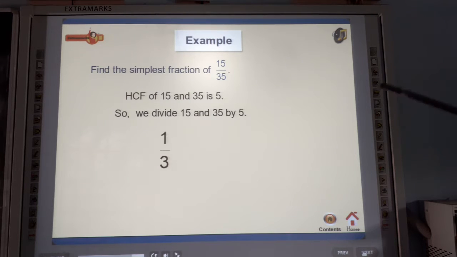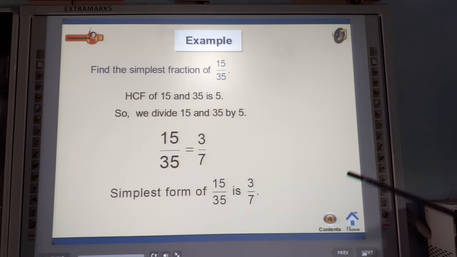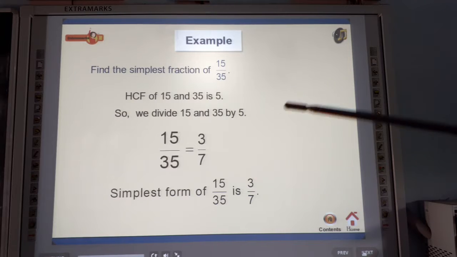Okay. So we divided 15 and 35 by 5. 5 threes are 15 and 5 sevens are 35. So simplest fraction is 3 upon 7. Simplest form of 15 upon 35 is 3 upon 7. Okay, student, look at this.